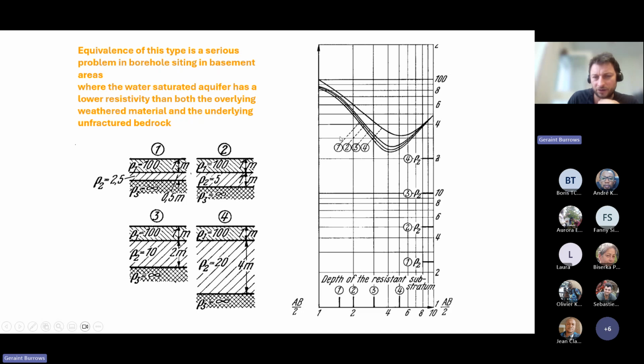This is a curve showing how the actual theoretical curve would look based on all four of these scenarios, and how similar the curves are actually looking based on 1, 2, and 3 specifically.